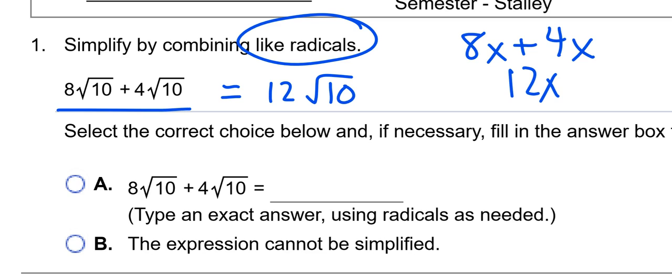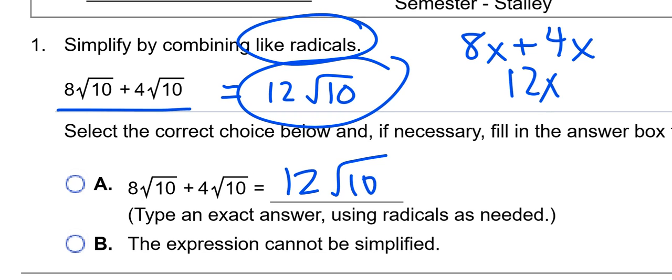Is there a perfect square? You remember your perfect squares: 4, 9, 16, 25, 36. Do any of those numbers go into 10 evenly? No. So yes, we are done with this question. That's as simple as it gets. There's no way I can do anything more with that.